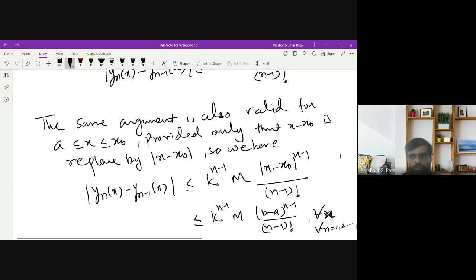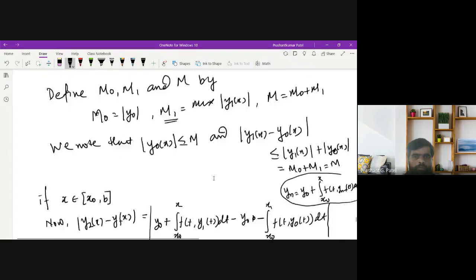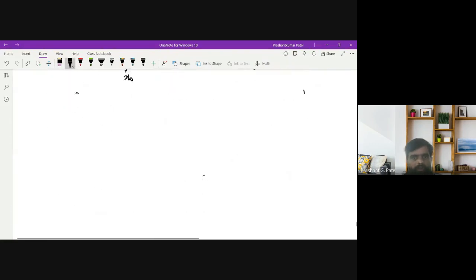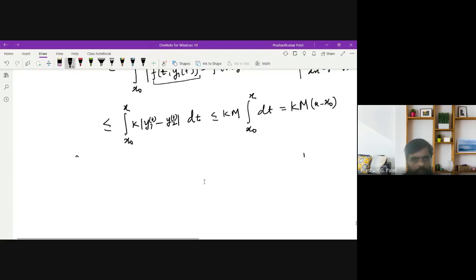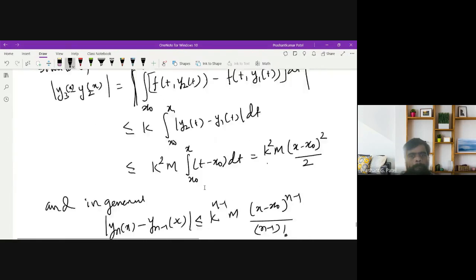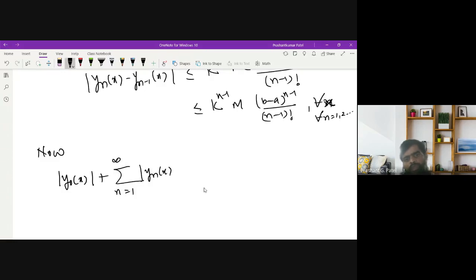So we conclude that this series which we have here, the absolute series, we can write as less than or equal to mod of y0(x) plus the summation, n running from 1 to infinity, of mod of yn(x) minus yn minus 1(x).